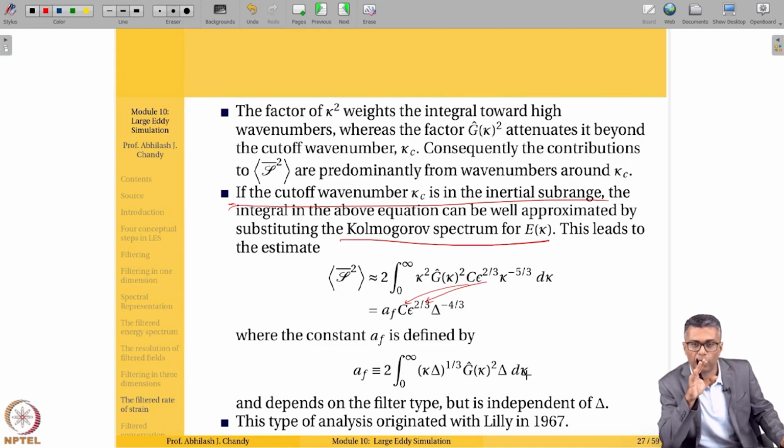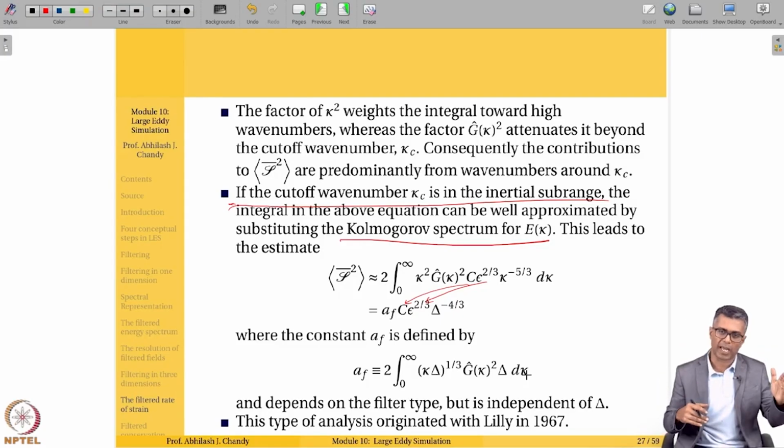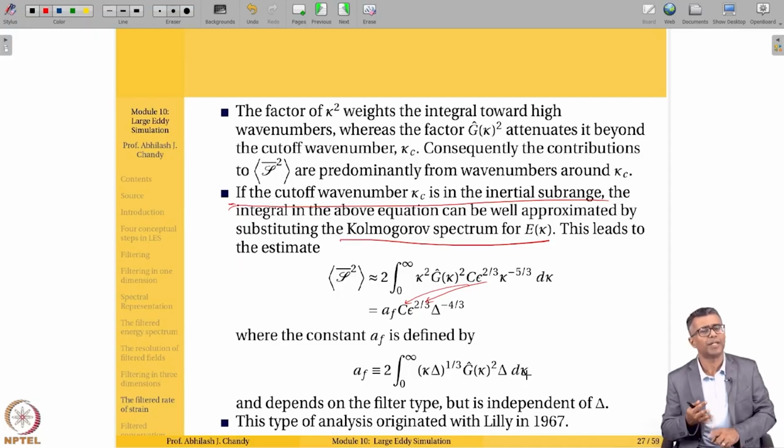Earlier, whenever we were looking at energy spectra, I always presented them in a scaled form. The spectra were scaled on the y-axis, but even on the x-axis, I've always not just looked at kappa. I've always normalized it with either the integral length scale or the Kolmogorov length scale, mostly the Kolmogorov length scale, right? So we always had kappa eta, kappa 1 eta, or kappa L11.